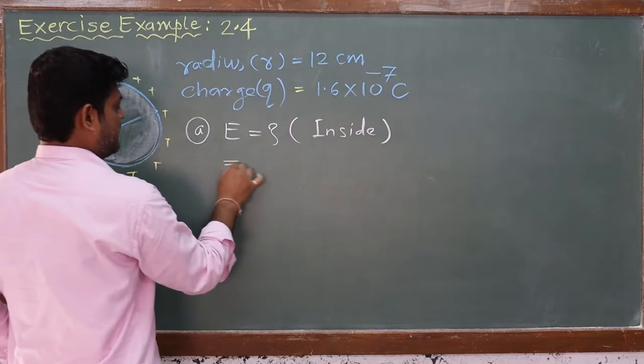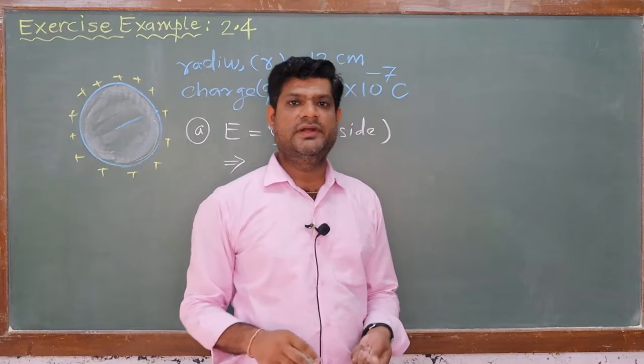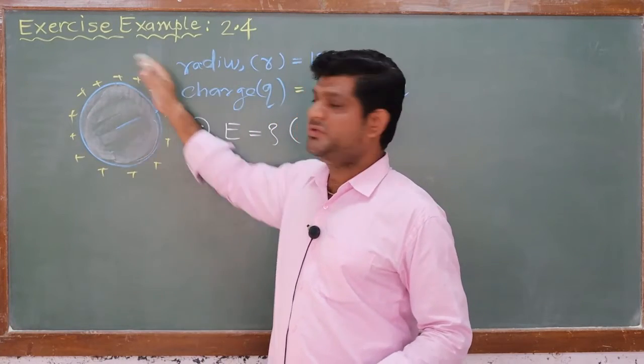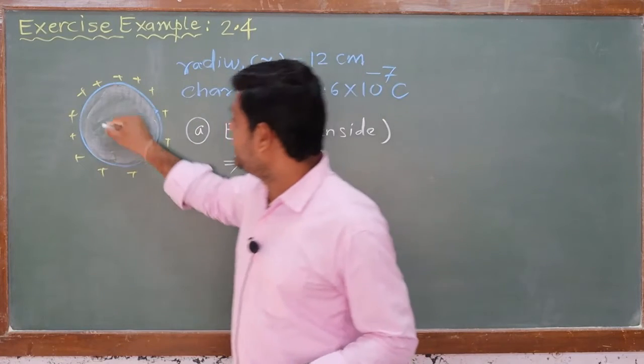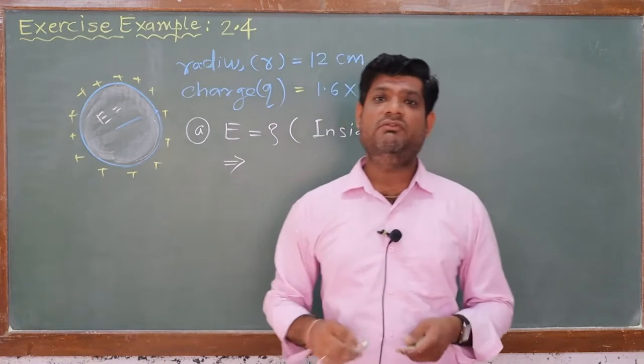So answer of this question, as we studied in chapter number 1: it is a spherical body. Charges are uniformly distributed on the surface of the body. The electric field inside equals question mark. So electric field inside will be 0. Why?